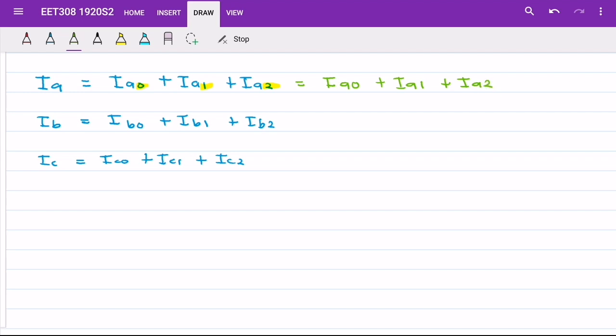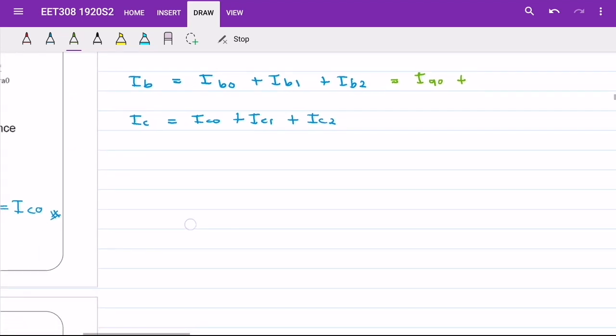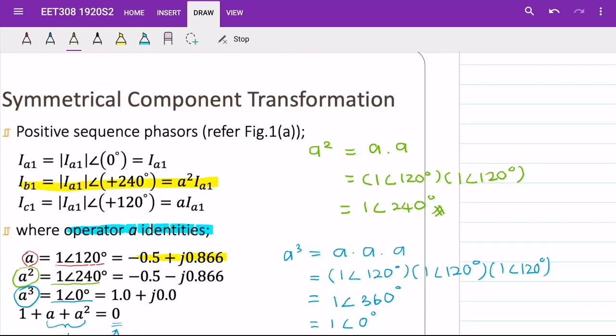For the IB equation, IB0 is equal to IA0 plus IB1. If we refer to the previous phasor diagram analysis, we can see that IB1 is equal to A to the power of 2 times IA1.